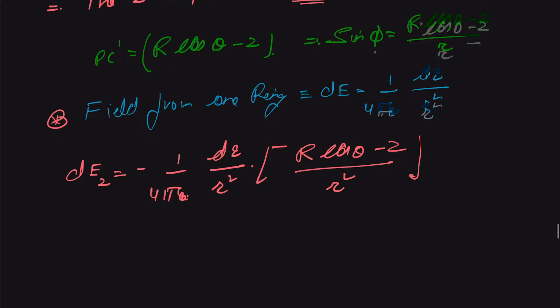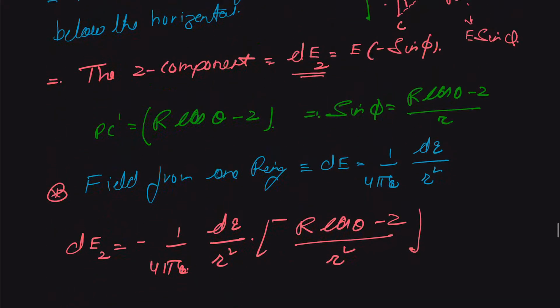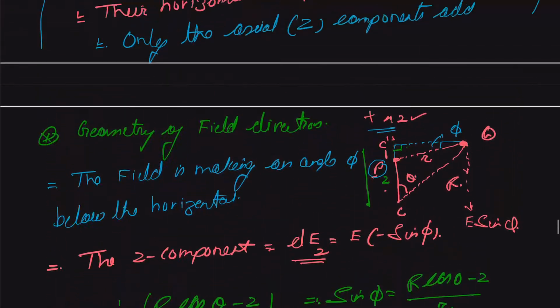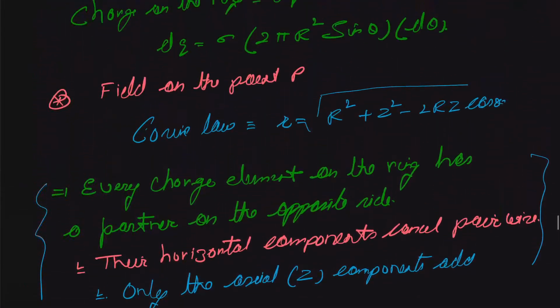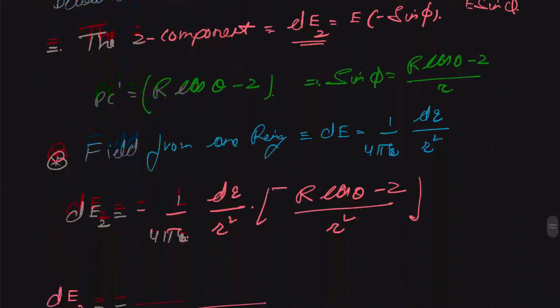Now we substitute the value of dq, so we get dEz, the electric field in our z direction, equal to minus, and we substitute dq, which is sigma 2 pi r square sine theta d theta.